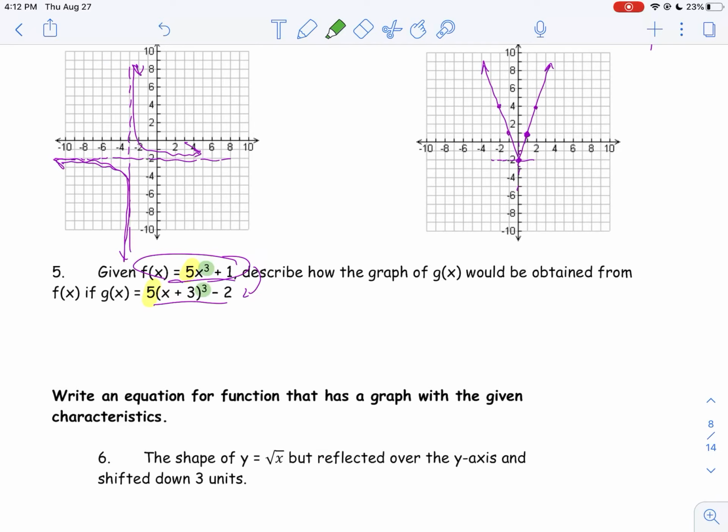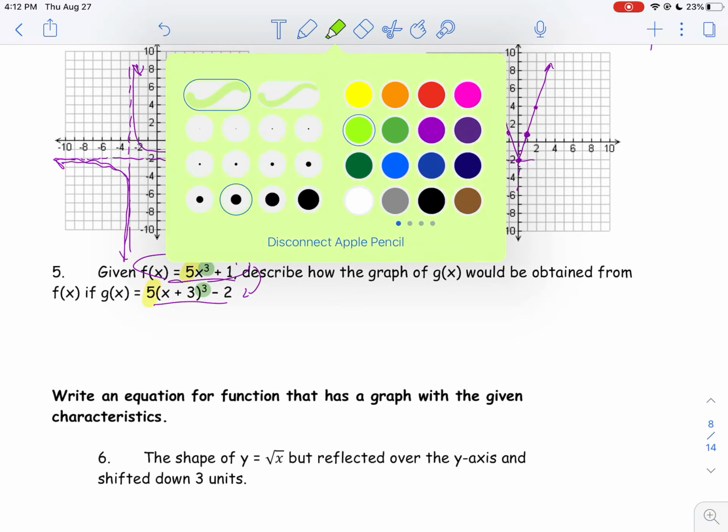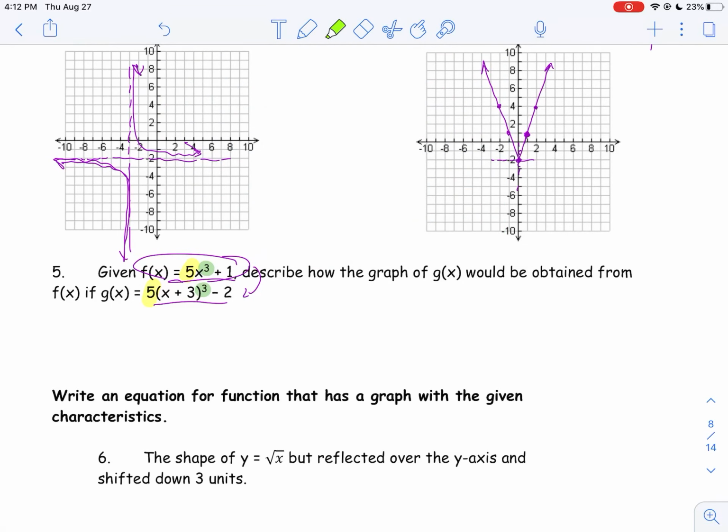We see the x cubed in both places. I guess that's where the similarities end. There's some on the outside here, right? One I'm adding, one I'm subtracting. So it's going to be the same shape. We just need to shift, right?